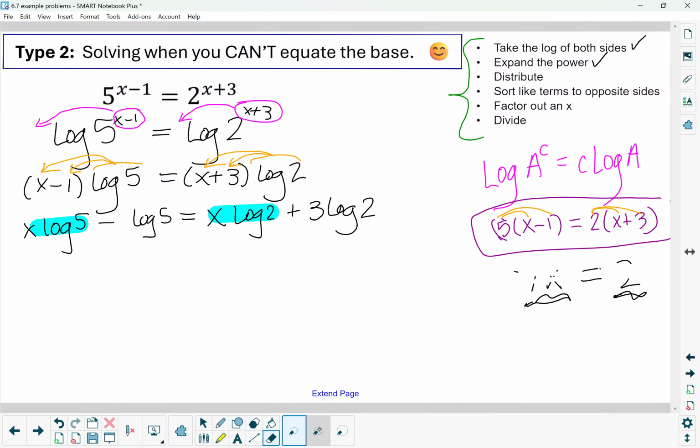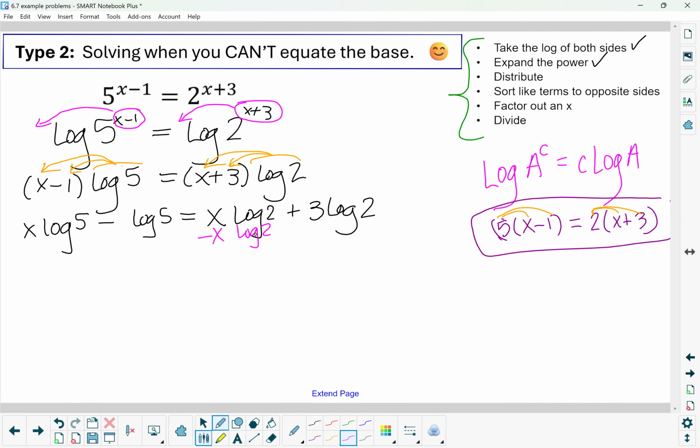Again, it's a process you've done before. The difference here is that some of our numbers are logarithmic numbers. So let me get rid of that highlighting so that we don't have to see it. Okay, so I'm going to subtract x log 2, so this one cancels out.